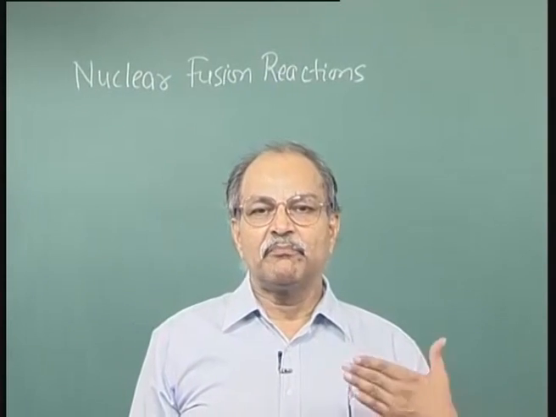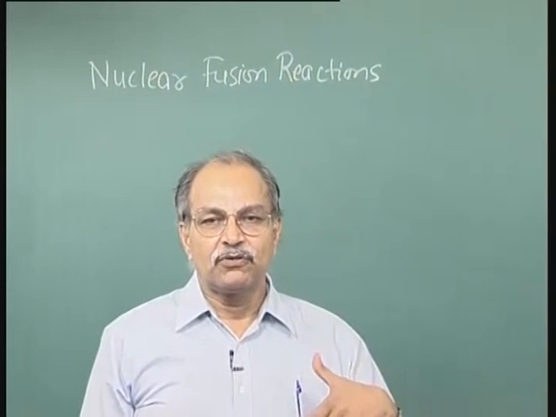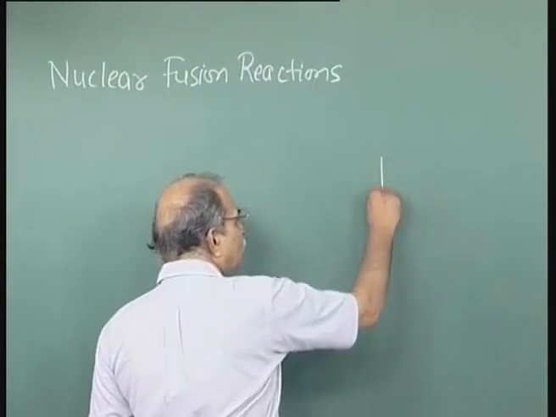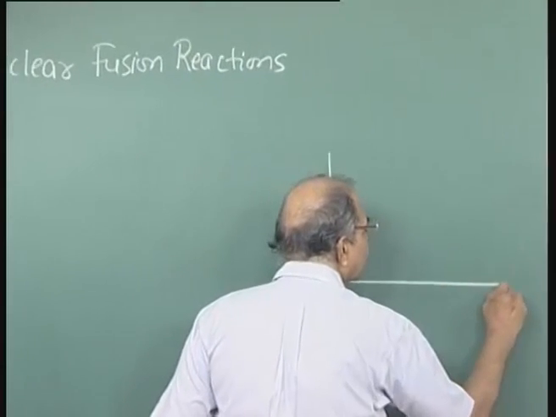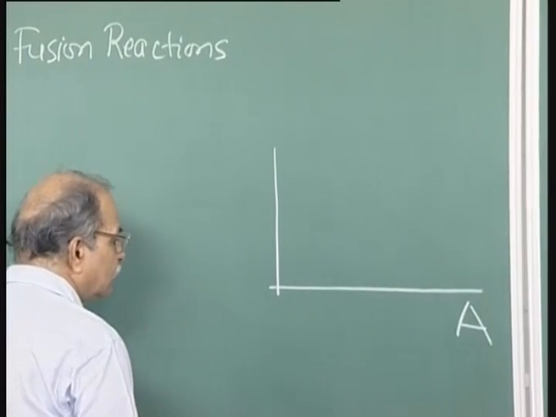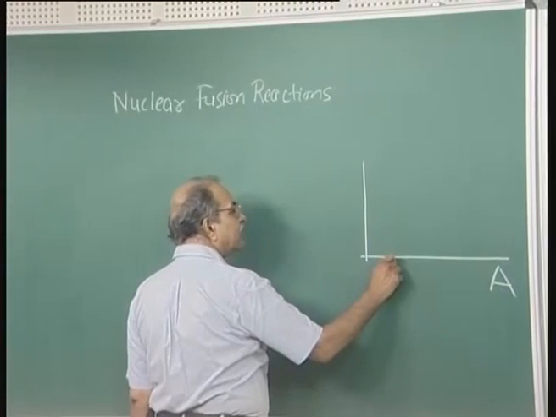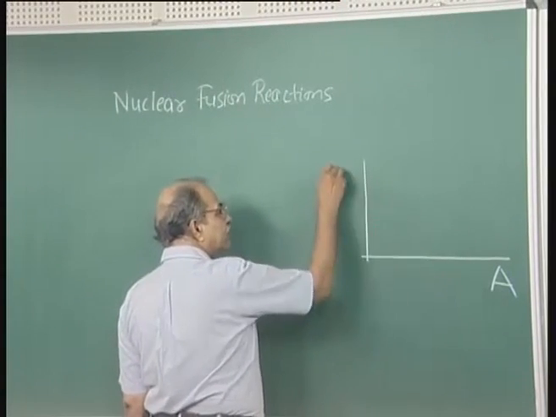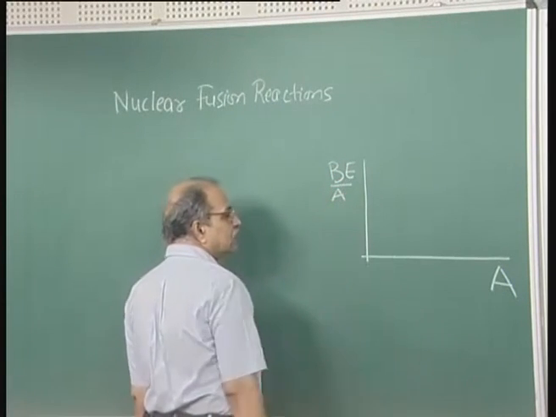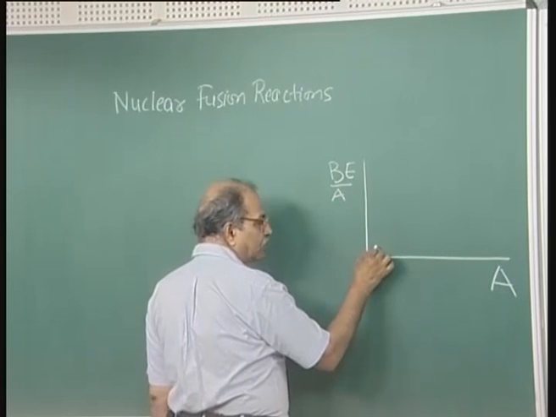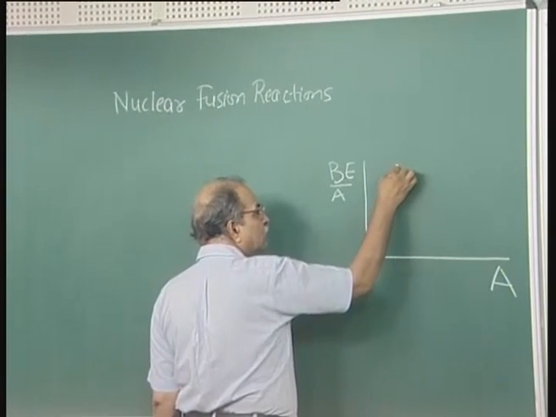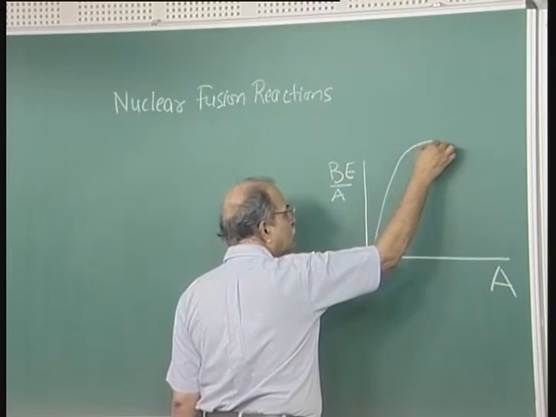So, if you remember the binding energy per nucleon versus mass number curve, if this is the mass number A of a particular nucleus and this is the binding energy divided by A, binding energy per nucleon, on the average it increases in the beginning and then it goes to a maximum and then slowly decreases.